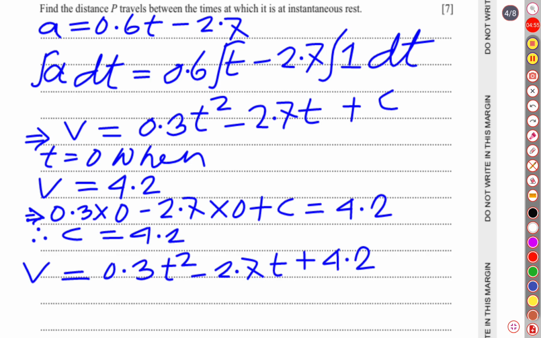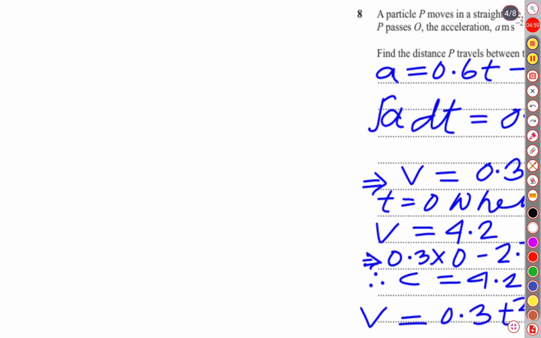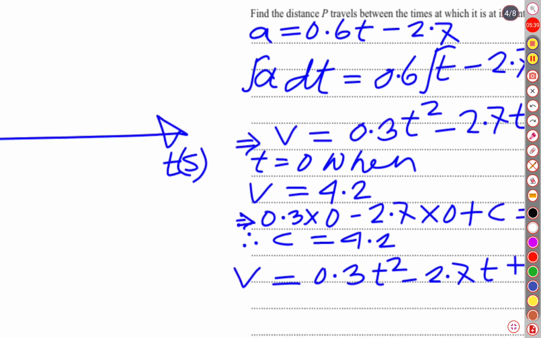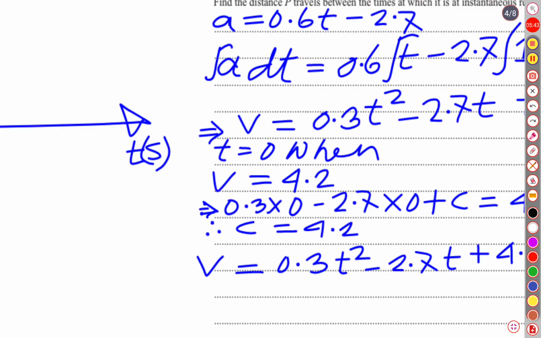So if we draw a figure on the basis of this velocity expression, suppose this is time t in seconds and velocity in meters per second, and P was passing through the origin O. And if we look at the expression, it is 0.3 t squared minus 2.7 t plus 4.2.